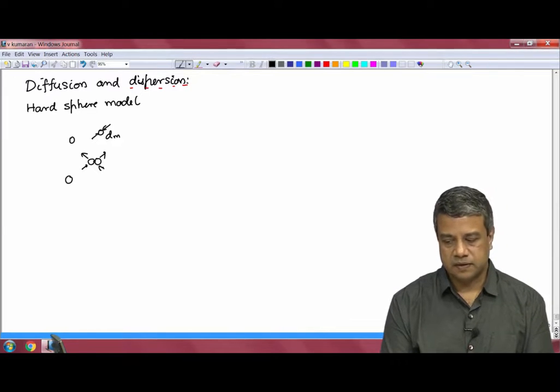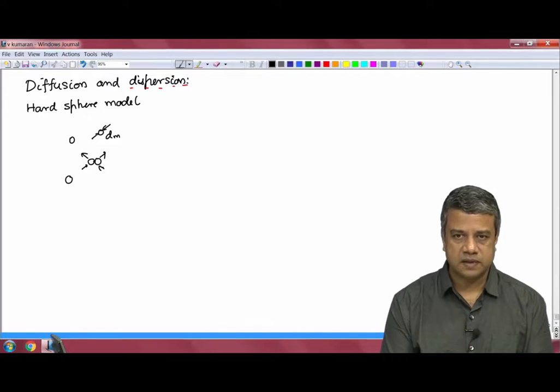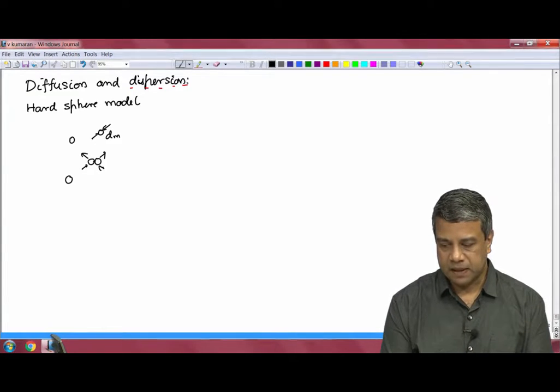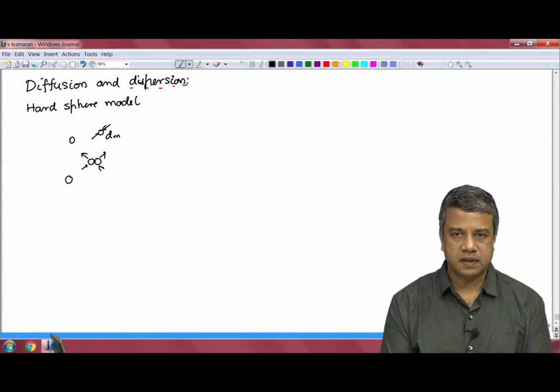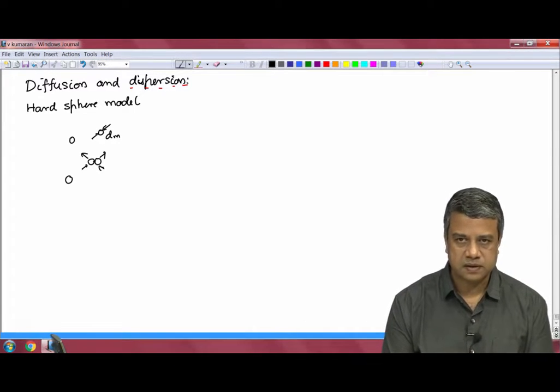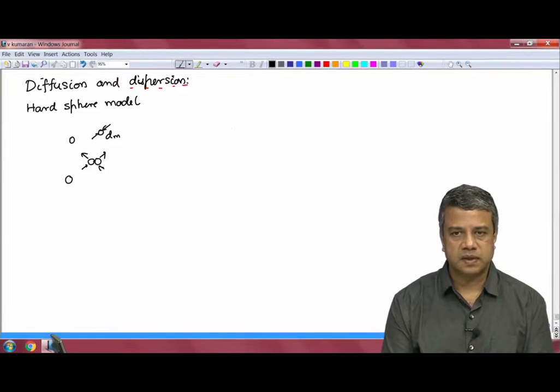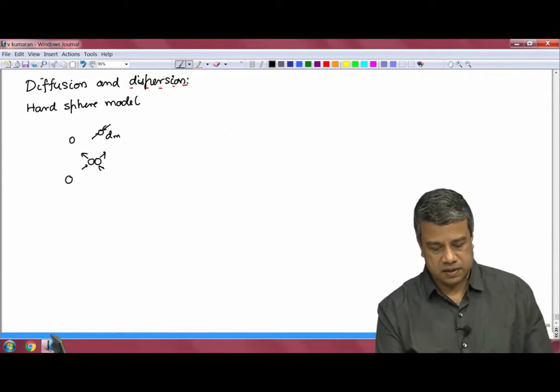However, for ease of depiction and for discussion, I will assume a hard sphere gas here, and in our case we will see that the diffusion coefficients all scale as the square root of temperature. If you want more exact estimates, then one has to go to soft sphere molecules and do the calculation for that. That requires a detailed discussion of kinetic theory, which is not within the scope of this course. Here we will just use a simple hard sphere model and use that for our estimates.